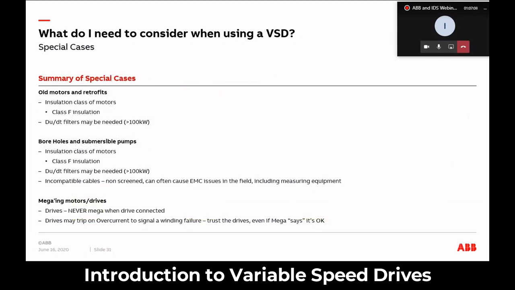In terms of some special cases, here's a couple of things that we need to consider at least. So when we're looking at old motors and retrofits, normally as a rule of thumb, a tip for adequate insulation on a motor, for it to be inverter capable, we typically look at something along the lines of Class F insulation.